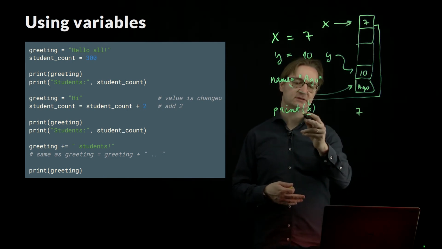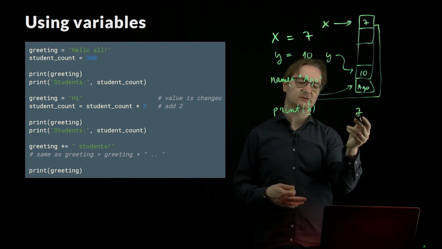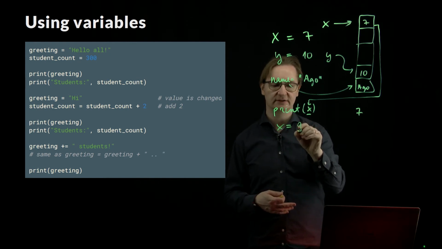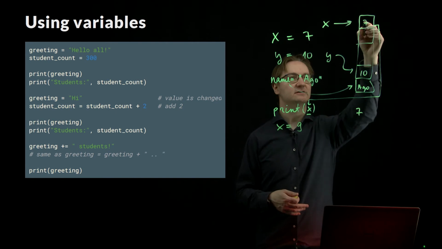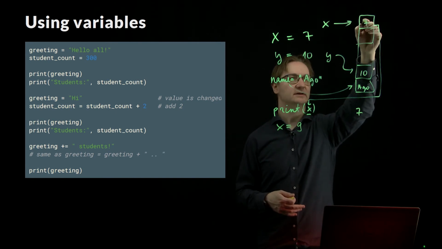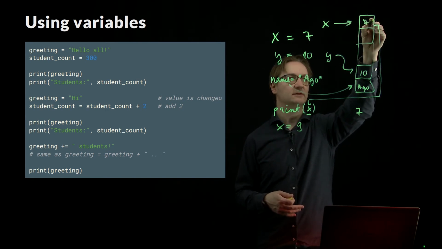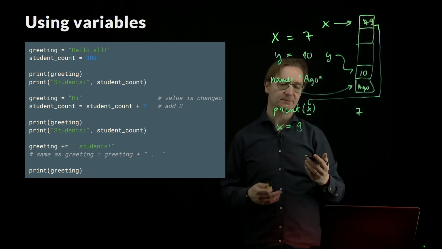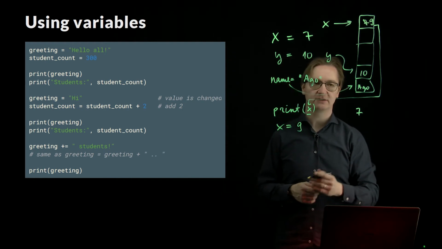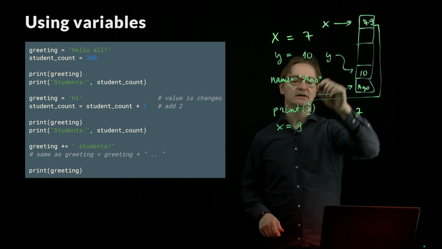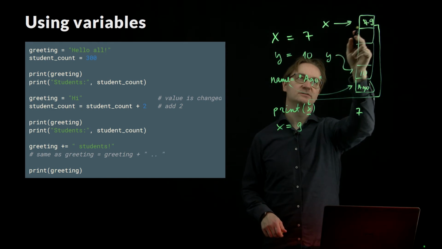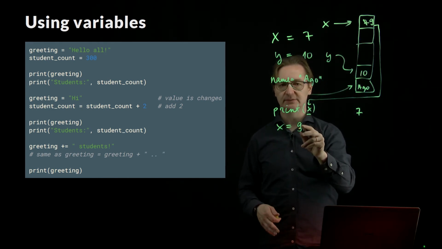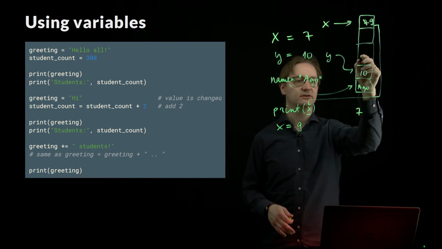Now, in this case, when we print out 7 and afterwards we change the value to, let's say, 9, then what happens is that this one here is basically rewritten to 9. What can happen, depending on the scenario, is that if the x points to 7 and I assign a new value into this variable, it can actually point somewhere else.